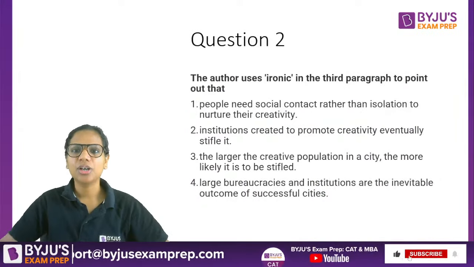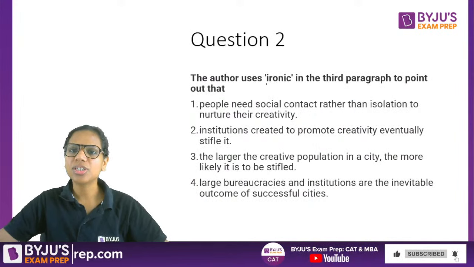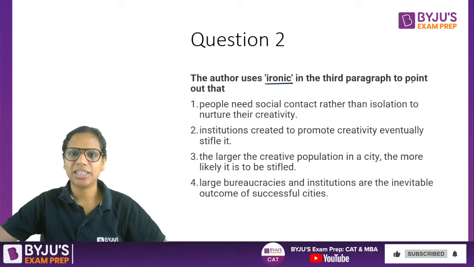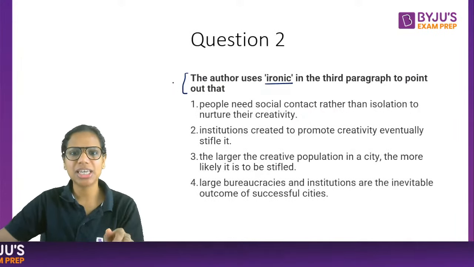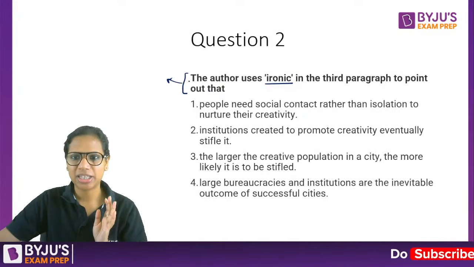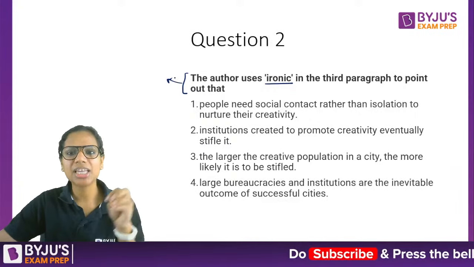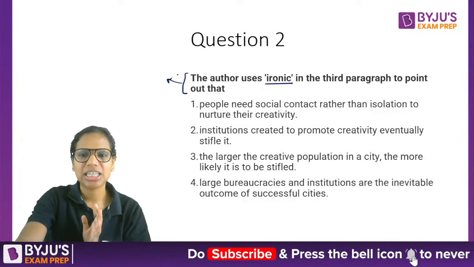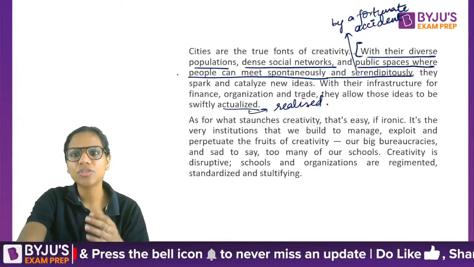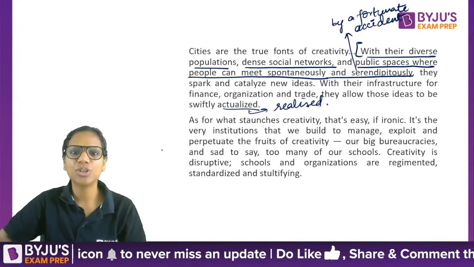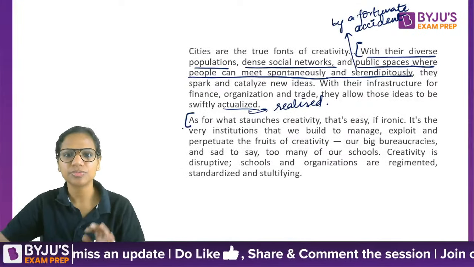Okay. Question 2. The author uses ironic in the third paragraph to point out that. So in such a case, I will now go back to the third paragraph and see why the author has used the word ironic, right? So let's have a look. Third paragraph. Here I don't even need to hunt a lot. It's given to me that it's in the third paragraph.